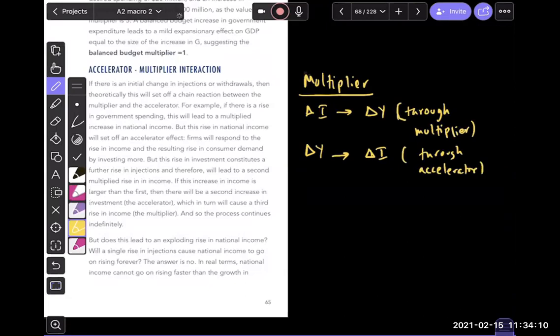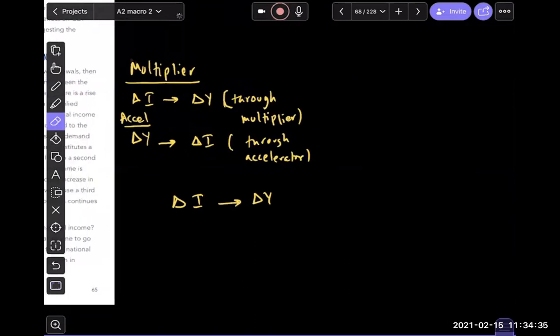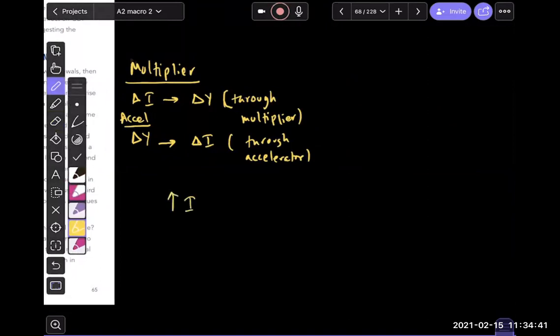What if both the multiplier effect and the accelerator effect happen at the same time? Let's see this happening. If I rises, that will lead to a rise in Y through the multiplier.